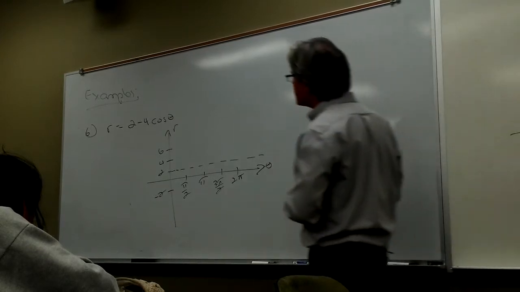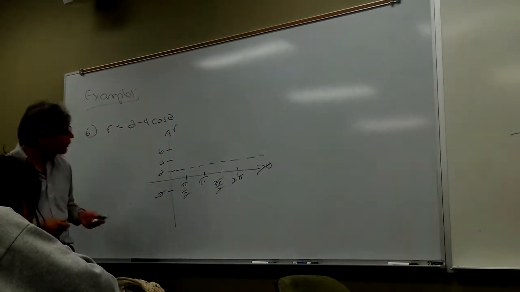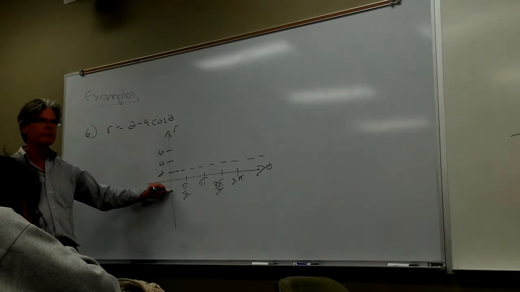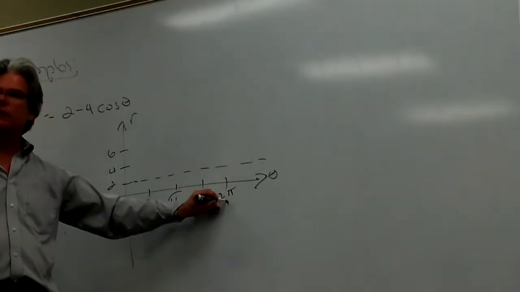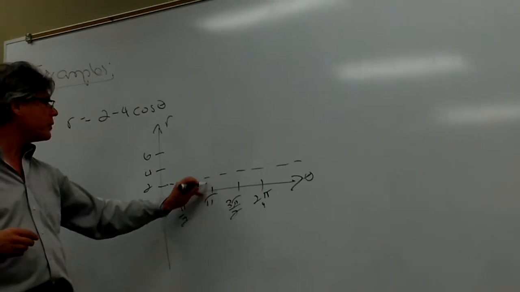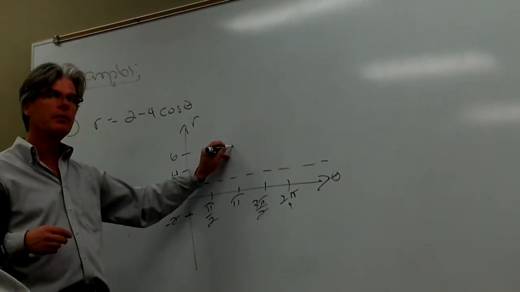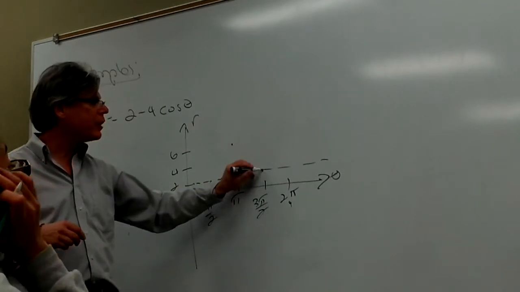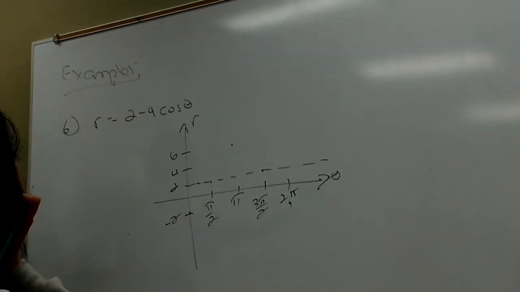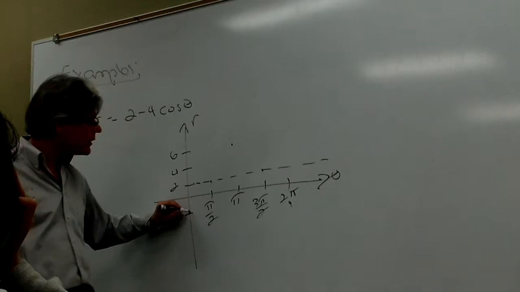So I know I'm going to start at my local min r value, which is right there. One full cycle through, I'm also going to locally min out with my r value -2. But halfway through, I'm going to locally max out. Both 1/4 of the way through and 3/4 of the way through, I'm going to hit my median r value of +2. And I think my sinusoidal wave looks something like this.